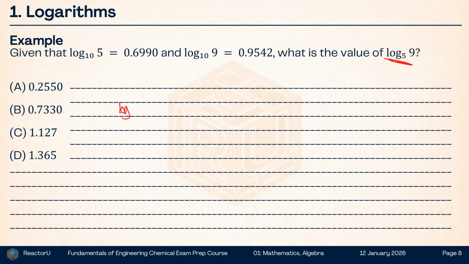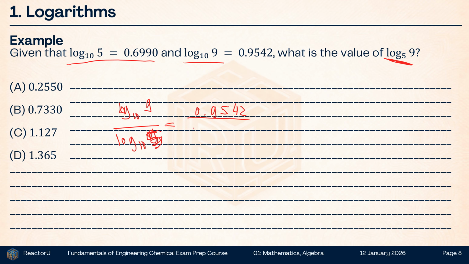So it's log, we have 9 above, so we can put 10 at the base, and we have 9 here, and this is divided by log 10 of 9 to the base 10. So what do these values equal? We can get it from the question itself. So log 9 to the base 10 is 0.9542, and the log here is actually 5 to the base 10.